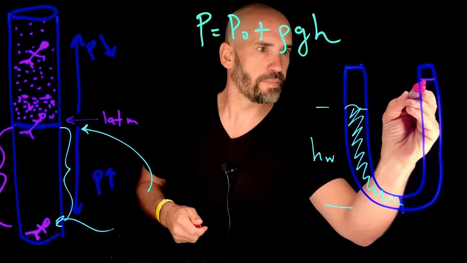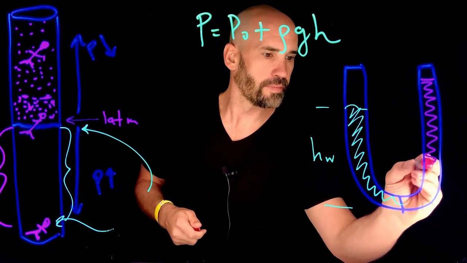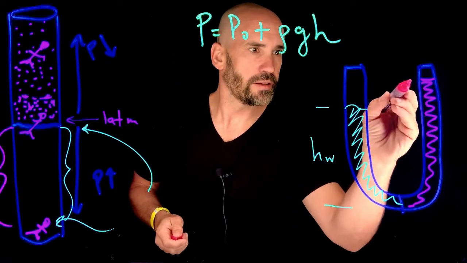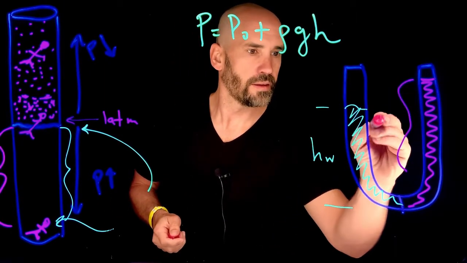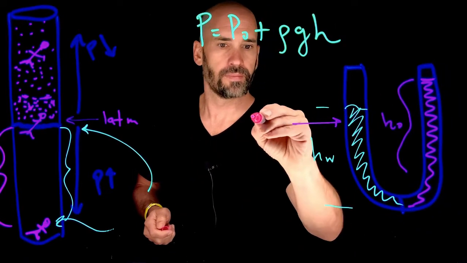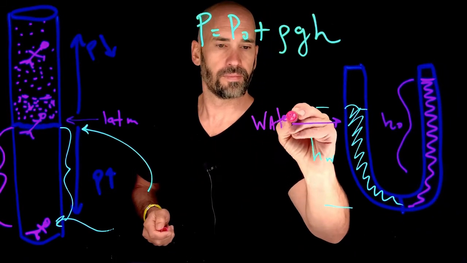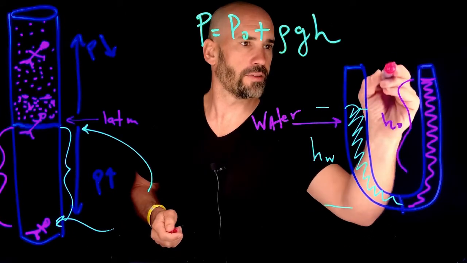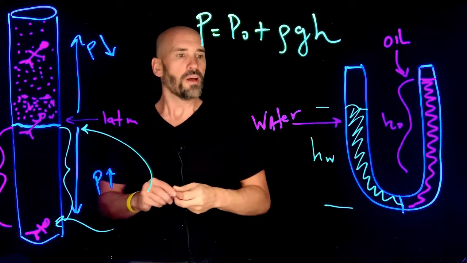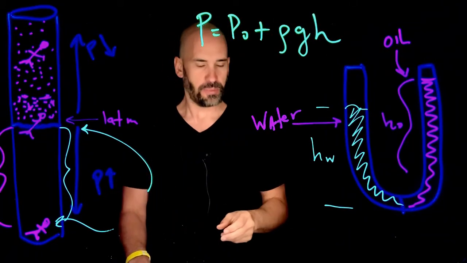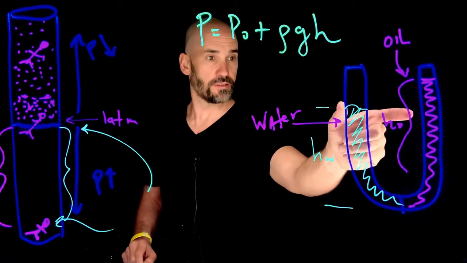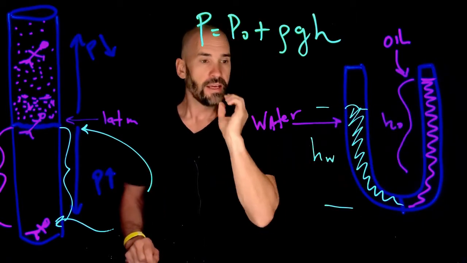It's a little bit higher. Okay. And this is going to be the height of the oil, right? This is water. And this over here is oil. Okay? And so we want to find a relationship between these two heights. Okay? All right.